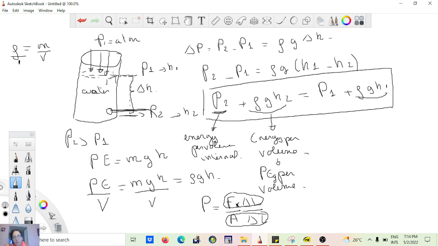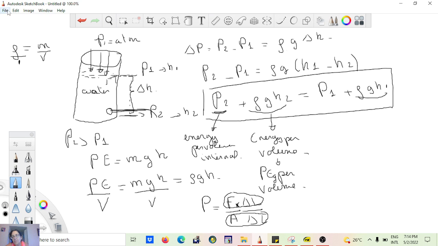And it makes sense because, as I said, if you put a hole here, all that pressure is going to do work on that liquid, pushing it out, and all that energy is going to turn into kinetic energy. So this is one form of the Bernoulli equation, and it shows you the conservation of energy.